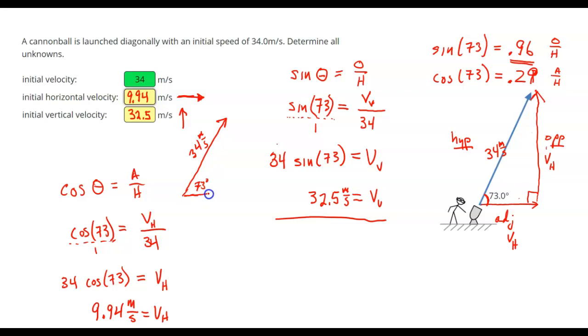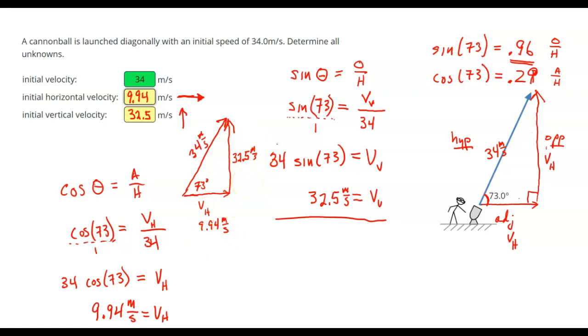This portion of that velocity is the sideways, horizontal velocity, which we computed to be 9.94, about 10 meters per second. And in the vertical direction, the velocity was 32.5 meters per second. This is going to be affected by gravity. This is not going to be affected by gravity.